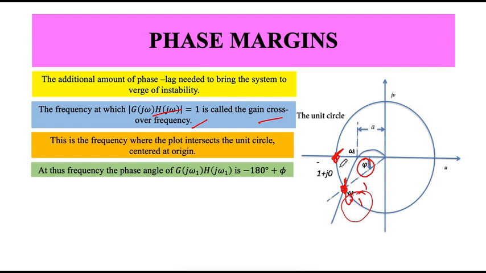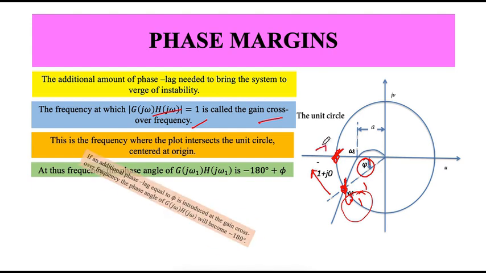I'm pulling this omega 1 along the circle, adding 1 degree, 2 degrees, and 5 degrees, and I end up here. What is the magnitude here? Magnitude is minus 1.